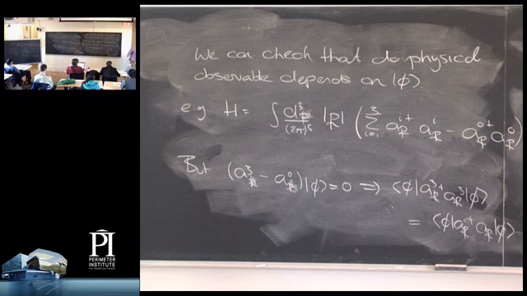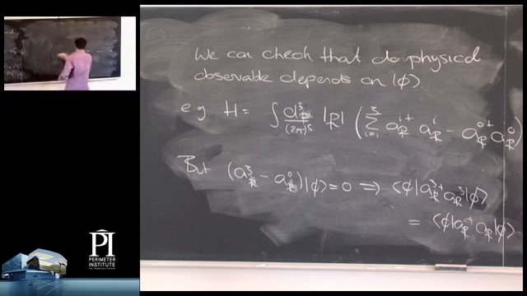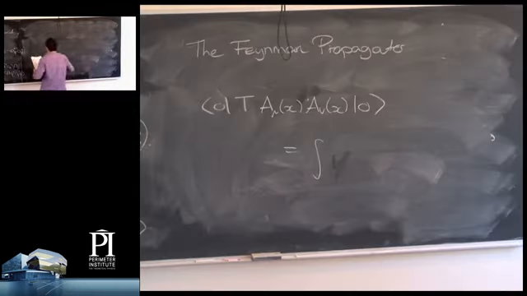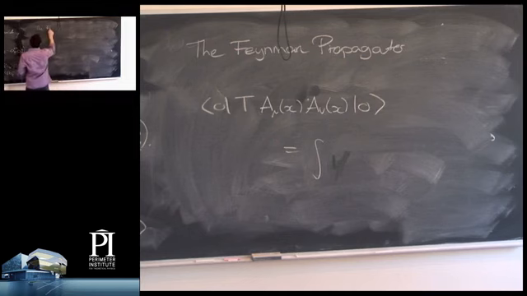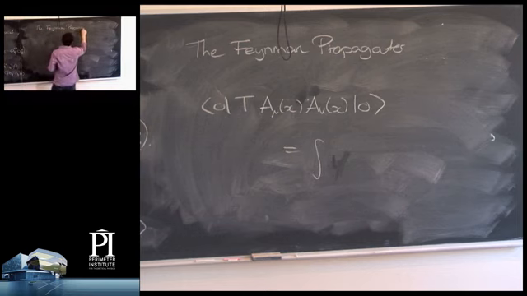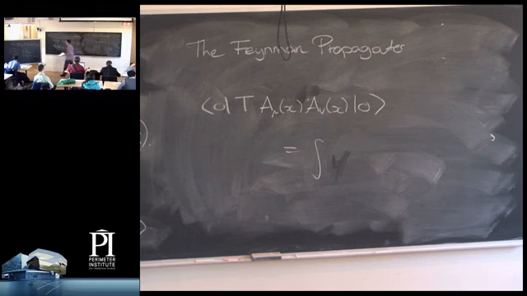Let me tell you what the propagator is, and you know that when we do Feynman rules, what we really need from these theories are the propagators, because that's what we put in the internal and external lines of diagrams. So the Feynman propagator, well, it's dead easy.